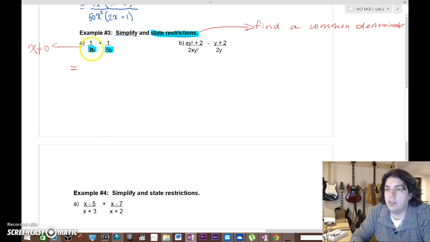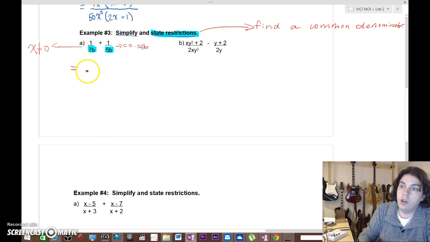If we were adding the fractions 1 over 7 and 1 over 5, we'd have to look for something that both of these can multiply to. When in doubt, the easiest thing is the numbers themselves, multiplied together. So in this case, 35 is definitely a common denominator. Obviously we need to make sure we include the b, so the denominator for each will be 35b.